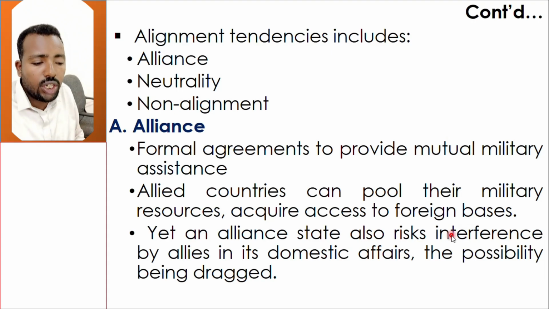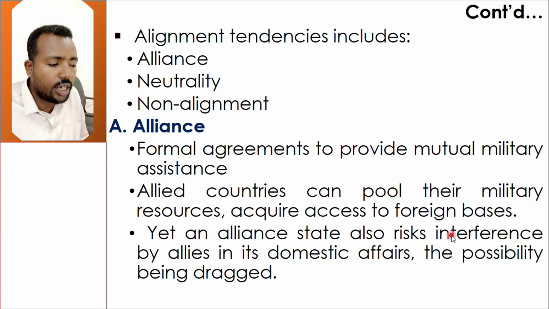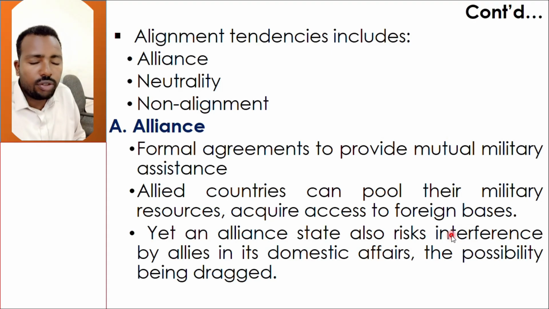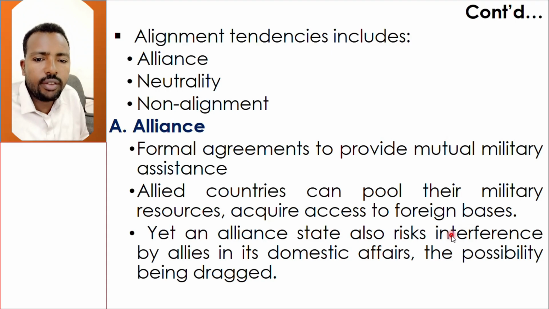These are mostly characterized in countries such as NATO countries. These NATO countries pooled their resources together, military weapons, finance, and human resources. And also, they have tried to establish bases in different countries to help their member countries from external aggression.